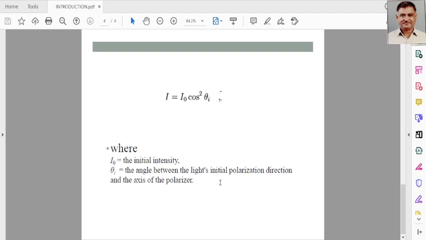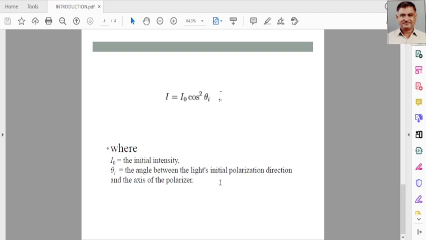Friends, this Nicol prism is also one of the important optical devices.